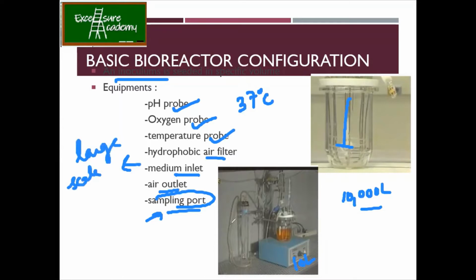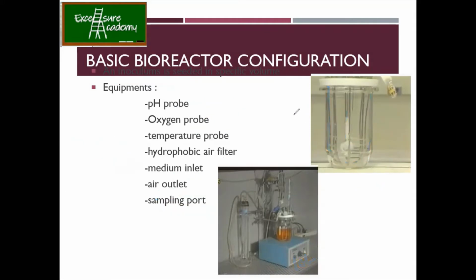Now, I want to ask you a question. Where are the mammalian cells going to adhere in this kind of bioreactor? Yes, anyone? Is the question clear? Sides of the bioreactor? The entire thing is called the bioreactor.